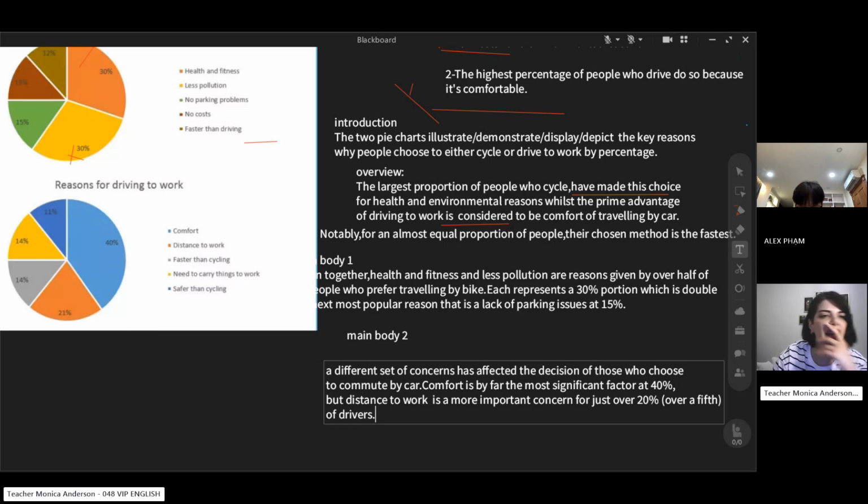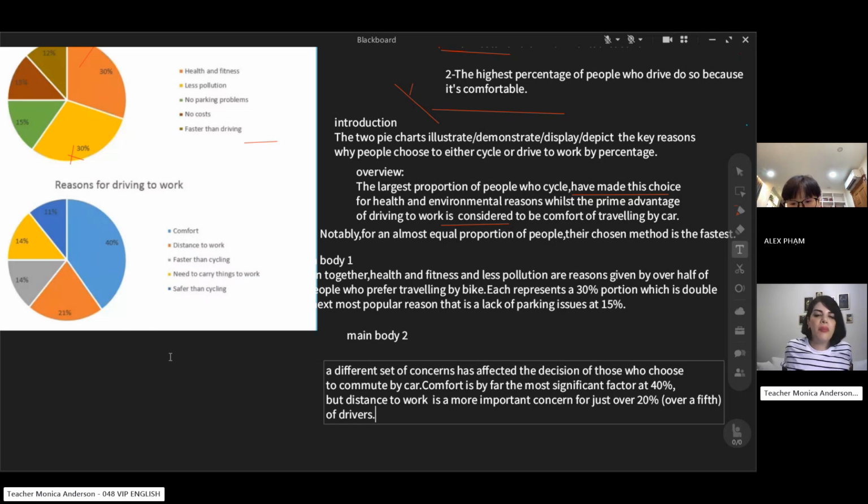Let's see if you have any other thing. Alex, can you find any other important thing that we need to mention here? If you want, you can choose another factor that can be mentioned.